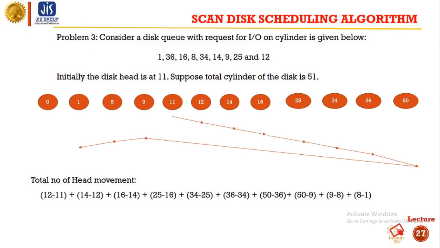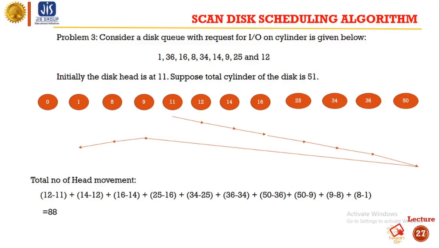From 50 we have moved to 9, so 50 minus 9. From 9 to 8, so 9 minus 8. From 8 to 1, so 8 minus 1, that is 7. So the total head movement is 88.